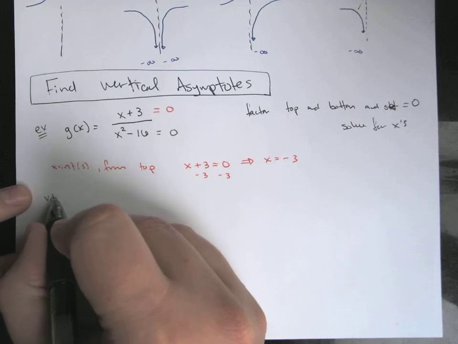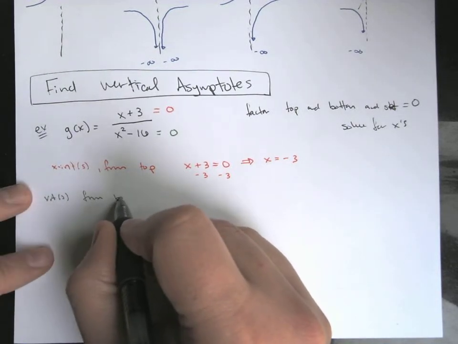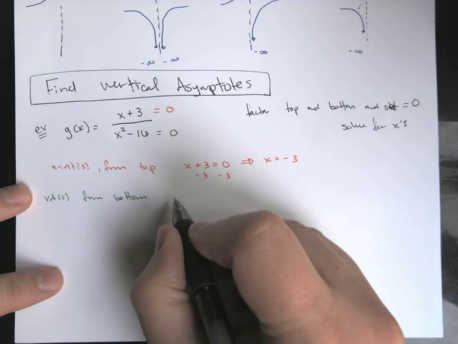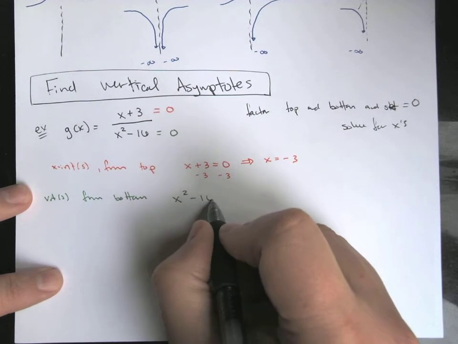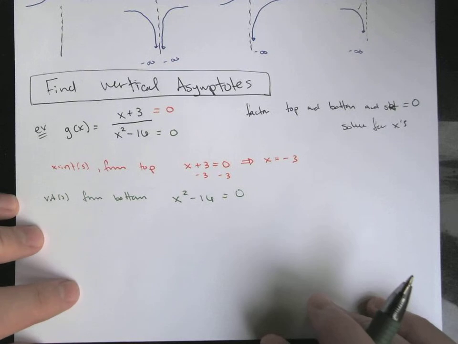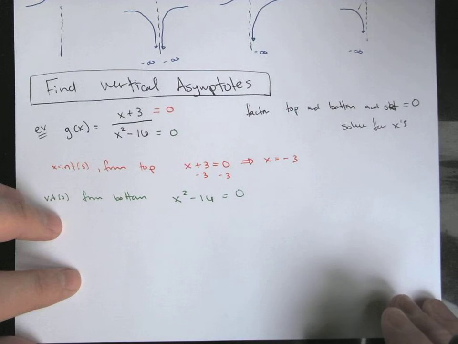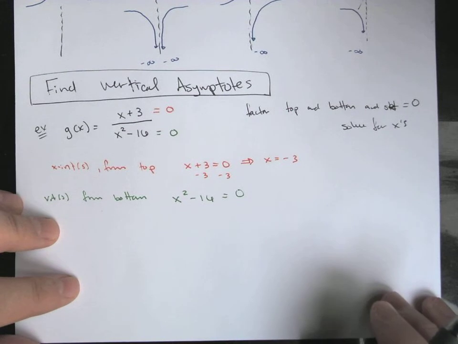Our potential vertical asymptotes come from the denominator, so that for us is going to be x squared minus 16 equals 0. This is a quick factoring, right? This is our difference of squares. I'm on purpose going to be giving us nice things to factor.